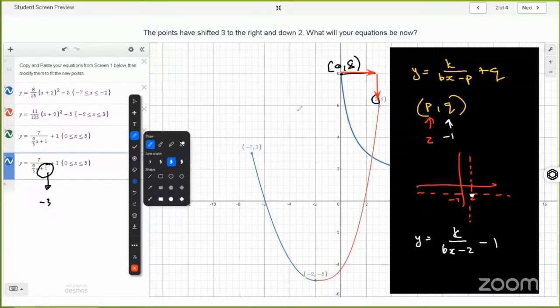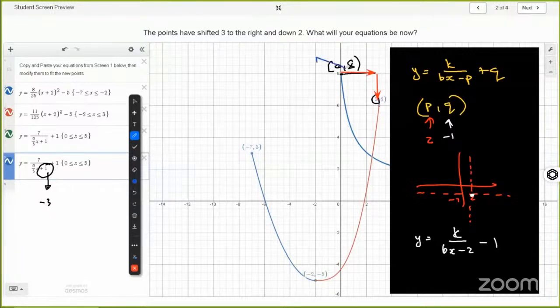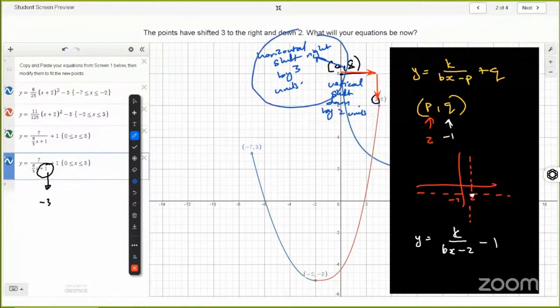Alright, horizontal shift right by 3 units, and vertical shift down by 2 units as well. Okay. And that's part of my transformation and how I would write it down.